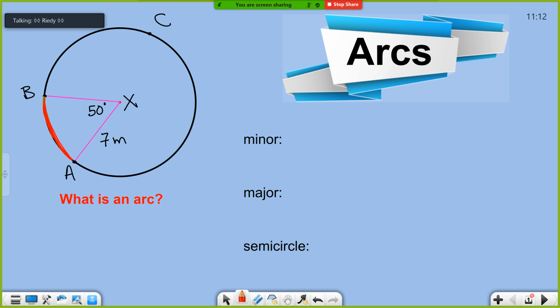Zoomers at home, if you want to contribute, or when you do contribute, you're going to have to unmute and talk because I'm stepping away from my computer. And obviously, roomers, you're just going to give me an answer without having to unmute. Well, actually, you would have to unmute because in order to speak, you have to unmute yourself. So, what is that red thing?